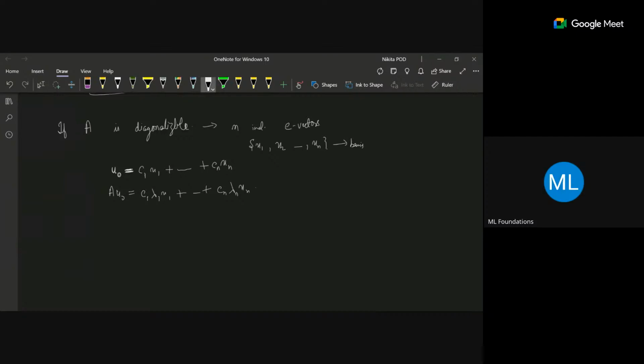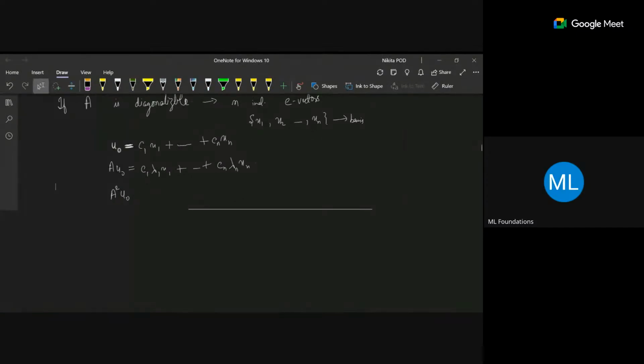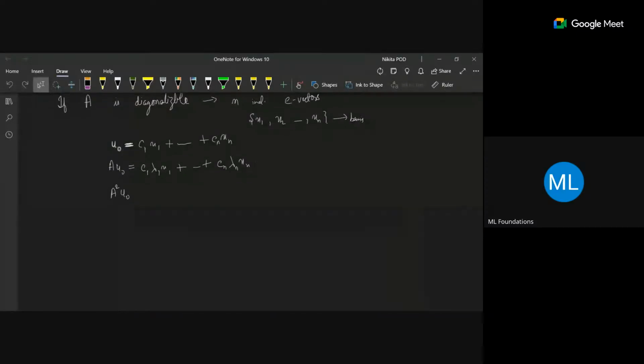And if I want to find A square u naught, again it would be just of the form c1 lambda 1 square x1 plus up to cn lambda n square xn.